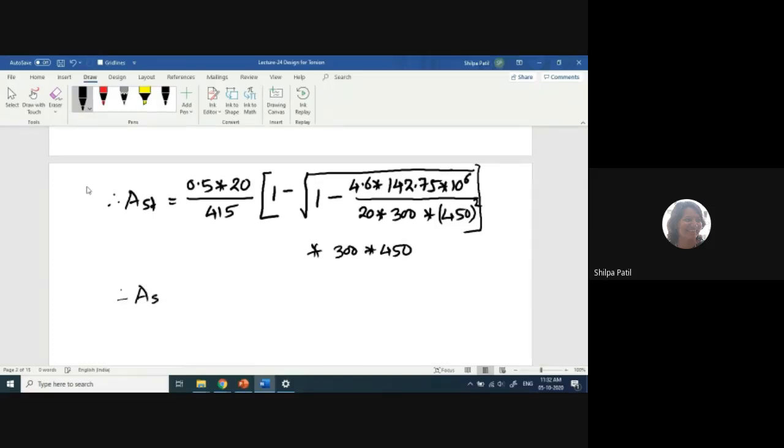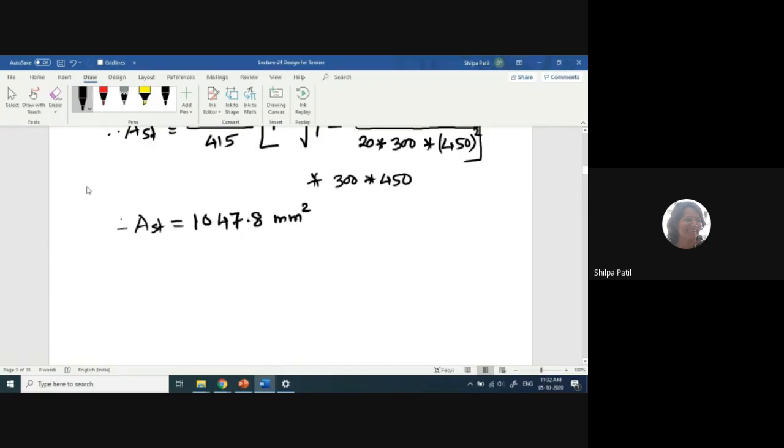Find out now the area of the steel. 1047.8 mm square.